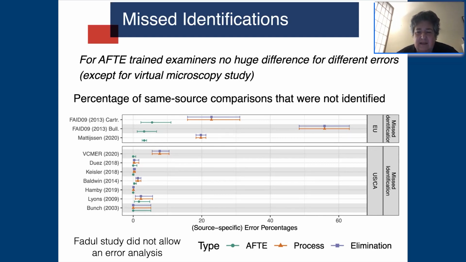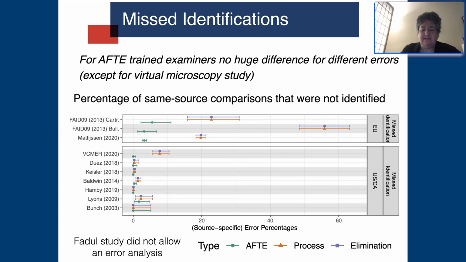And you can see here again, the dots show where the error percentages are. Those ranges show confidence intervals. If the ranges are pretty wide, that means there's a lot of variability, usually because there's only few comparisons being made. So the very small confidence intervals are usually in places where we've got quite a bit of data, or where we're very, very close to zeros or ones. Luckily, there's no 100s here.